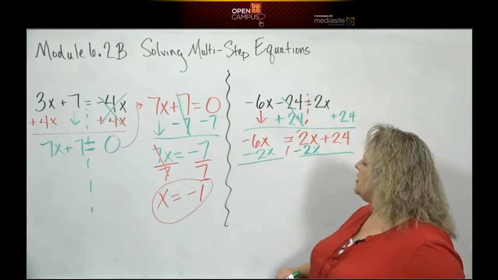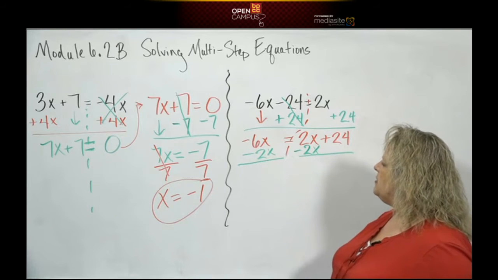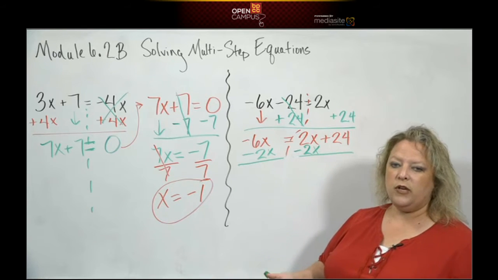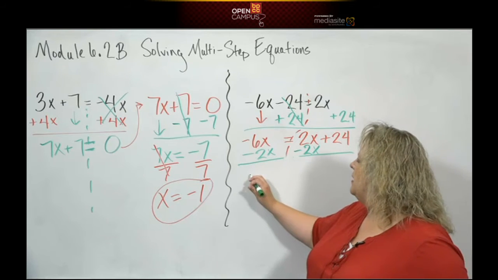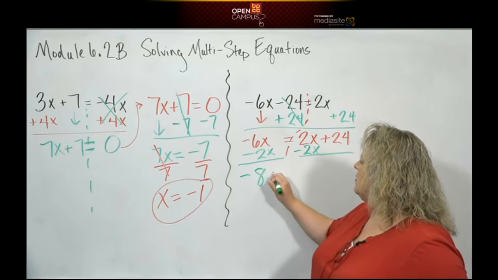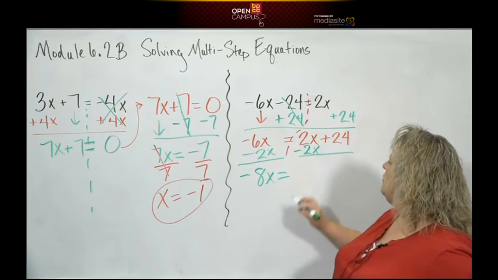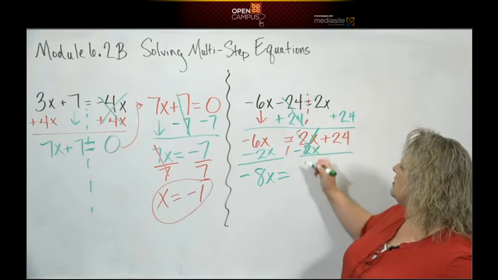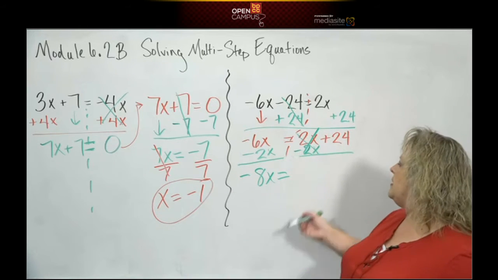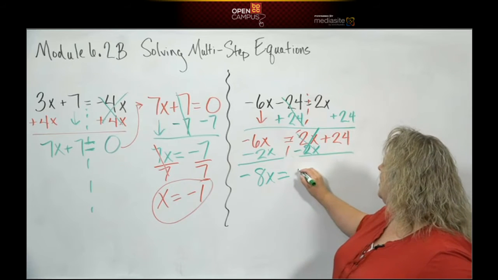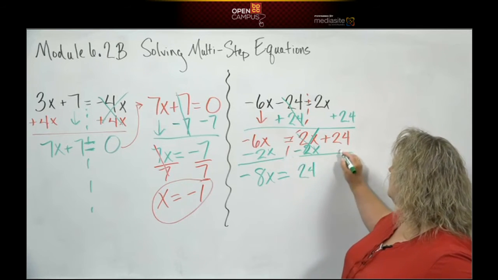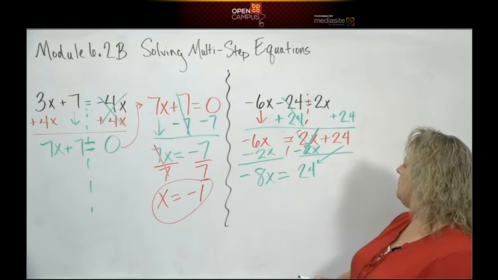I have a negative 6x and I have a negative 2x. When I have two negatives, what do you do? You add and take the sign. So that would be negative 8x there is equal to, over here, these x's, remember, any number plus its opposite is 0. And then I bring 24 down into my answer. See? There he is.